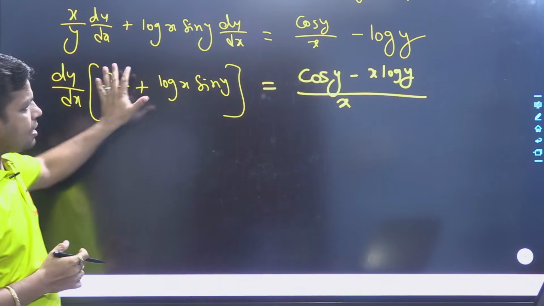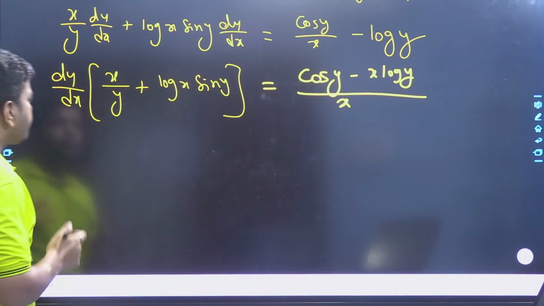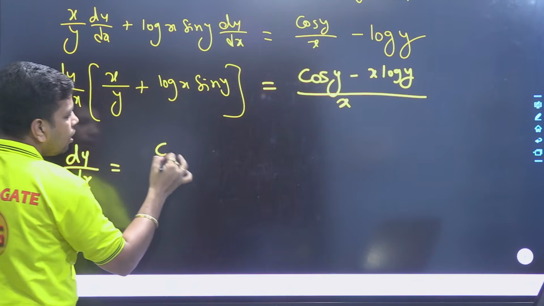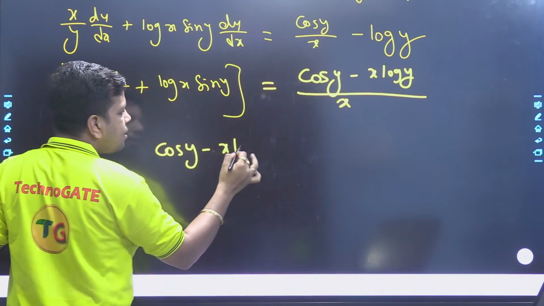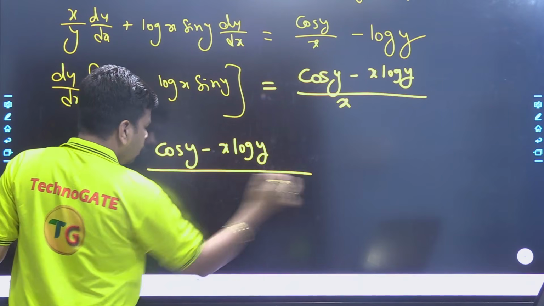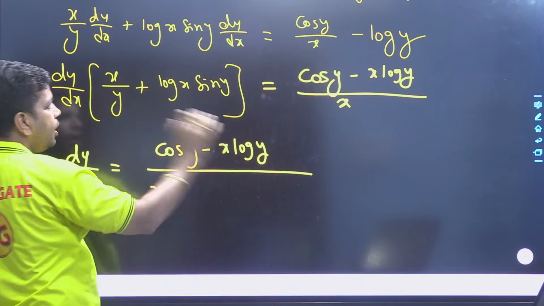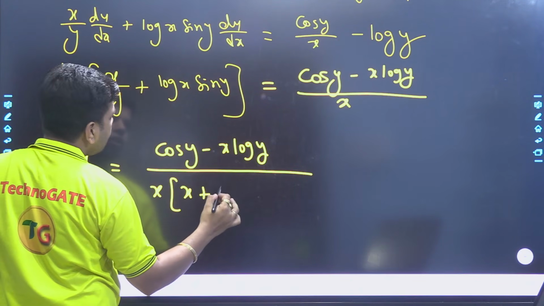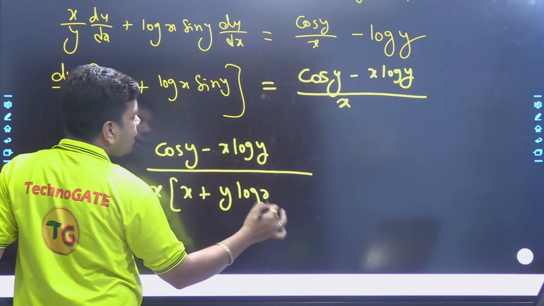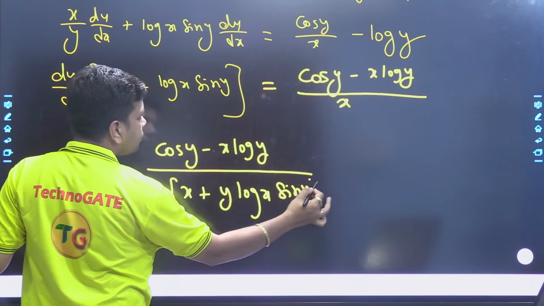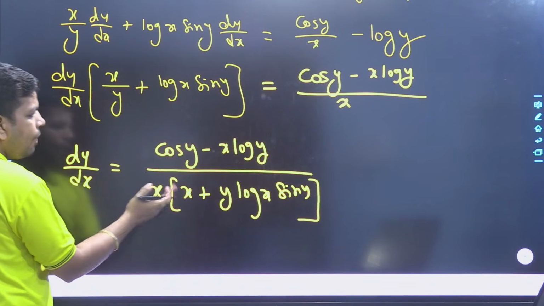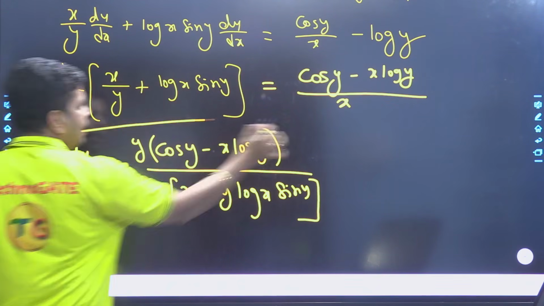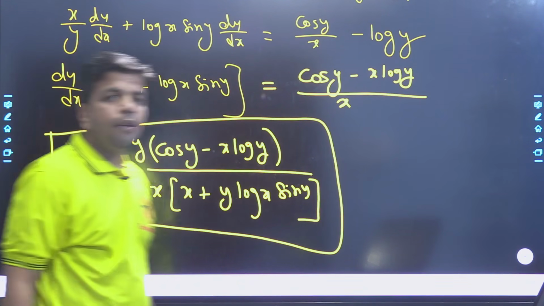Now we can send this value to the other side by division. So dy by dx is equal to cos y minus x log y divided by x, divided by that term. We can multiply by x on this side, so this is x plus y log x sin y, and the division by y goes to the upper side, so here is multiplication by y. This is exactly what is given in option A.